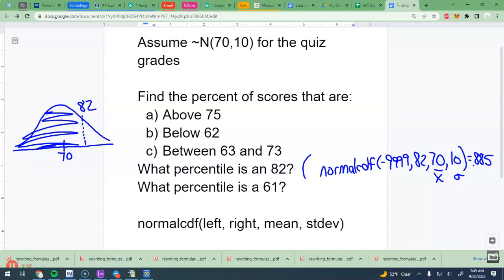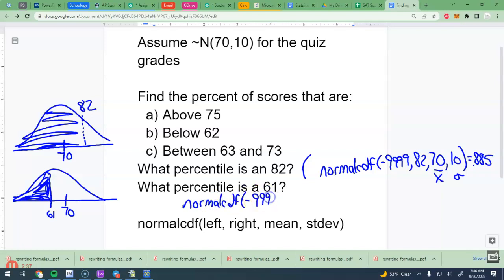And then the last one's the same, right? So what percentile is 61? So I can draw it out again. But it's the same idea. Except in this one, should it be bigger or smaller than half? Smaller. Percentile is everything below, and I'm already less than half, and I want more to the left. So this one is going to be normal CDF, negative 9999, comma 61, and then tell the calculator the mean and standard deviation.